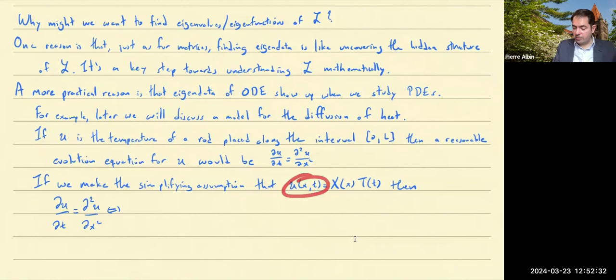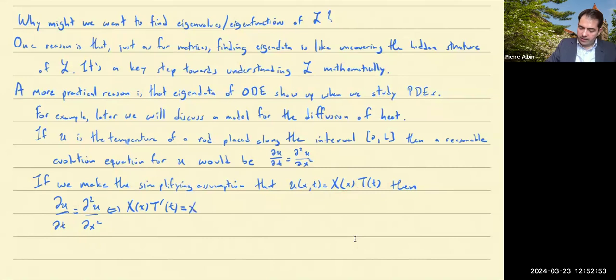But if we make the simplifying assumption that this is the product of a function of x and a function of t, then this derivative only hits the function of t, right? So this would be capital X of x, T prime of t. And here, when you're taking derivatives with respect to x, those derivatives don't do anything to the t factor. They only hit the x factor.